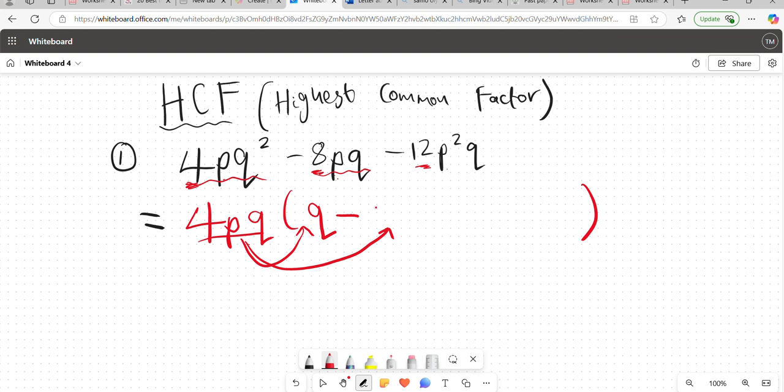So it has to be a negative, and a 4 times a 2 would give me that 8PQ. And then lastly, 4PQ times what would give me a negative 12P squared Q? So it has to be a minus 3, and since we have one P there, we need to add another P there. And that's it. This is my final answer.